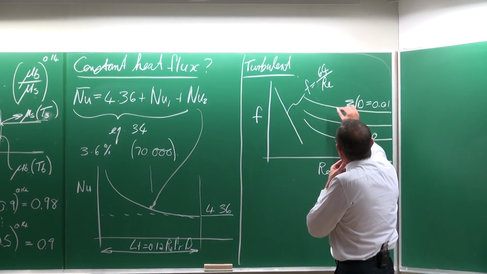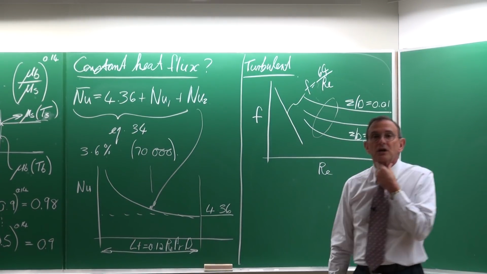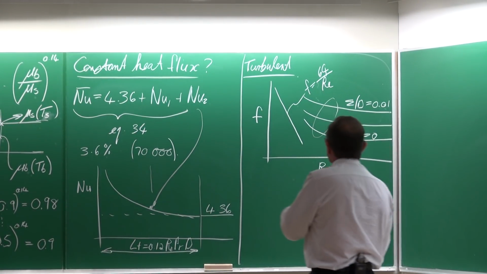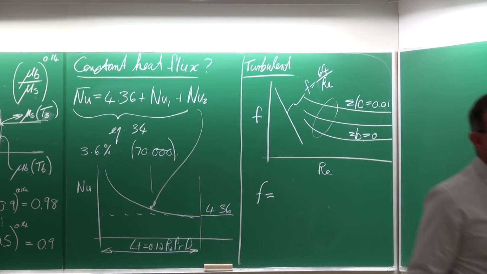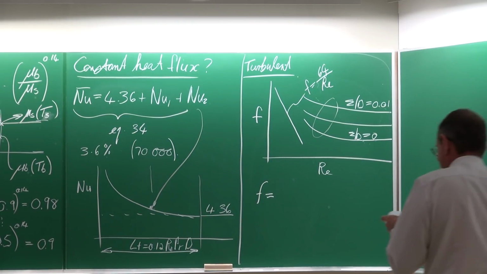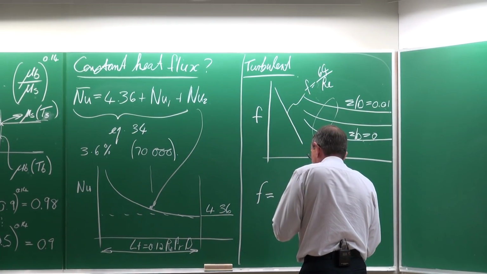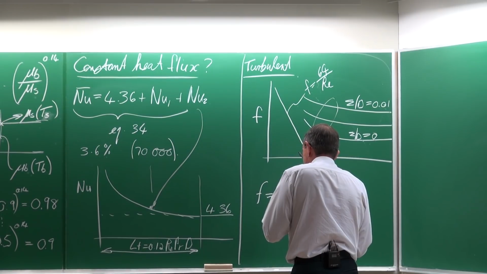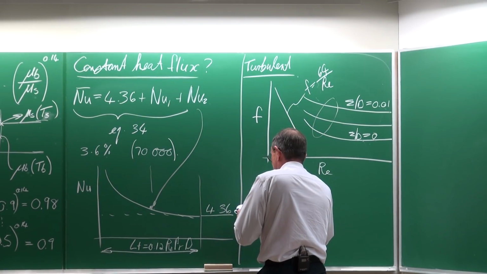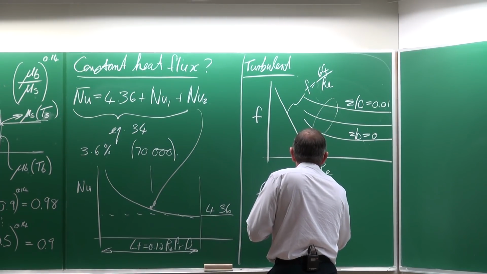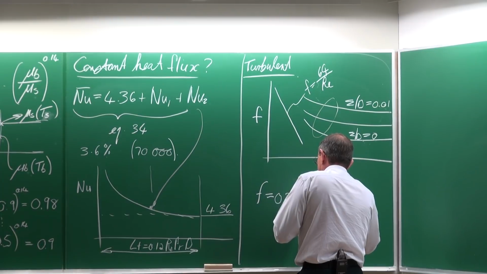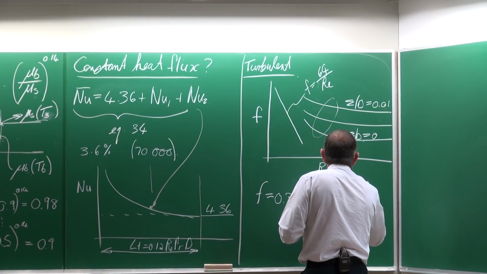And there are some equations that you can use to determine that friction factor. There's simple type of equations. For example, you've already done it in fluid mechanics. The Blasius equation, 0.3125 Reynolds to the minus 0.25.